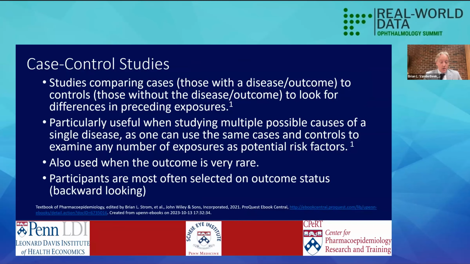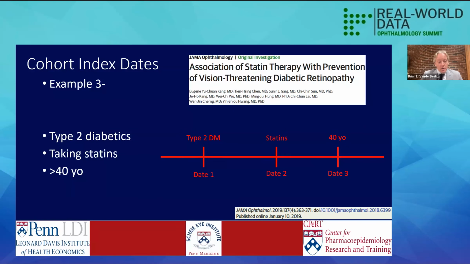We're going to go back one. So this is an example of a study that I tried to emulate. It seems pretty straightforward in that you want to look at the association of statin therapy with vision-threatening diabetic retinopathy. And when you read the methods, it seems very simple. You want to include people that are type 2 diabetic, taking statins, and over 40 years old. Until you get to the nitty-gritty of deciding when exactly you're going to pick your index date, it becomes very difficult.